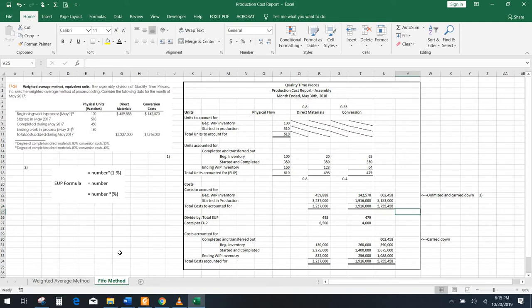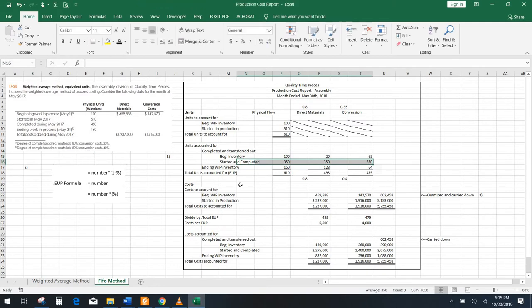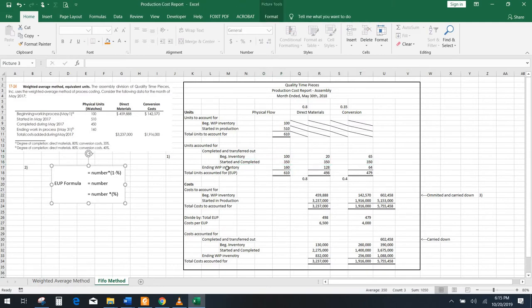So those are the major changes when you do the FIFO method. Once again, just quickly reviewing, the first major change is you add these two lines here and here. The second major change is you use a different formula using these percentages for the top number in this formula, carry across for the middle number, and then use the bottom formula using the bottom percentages.